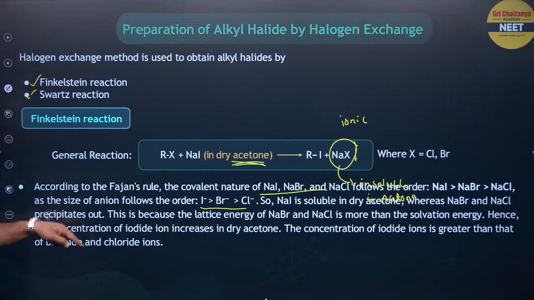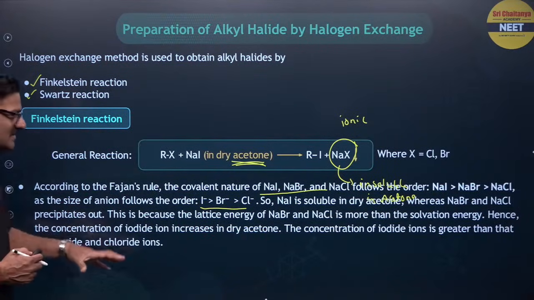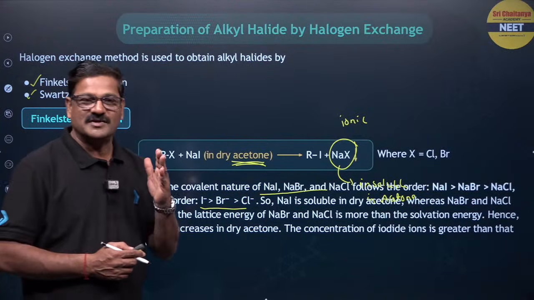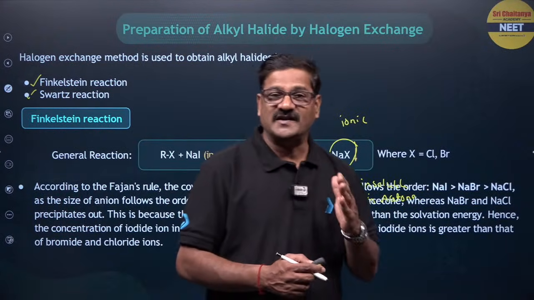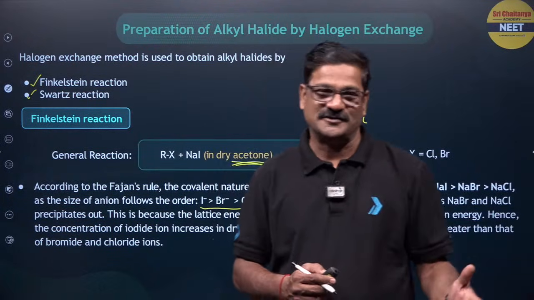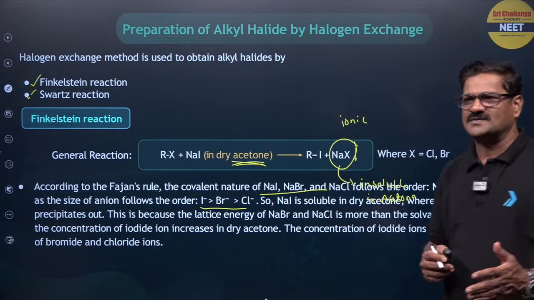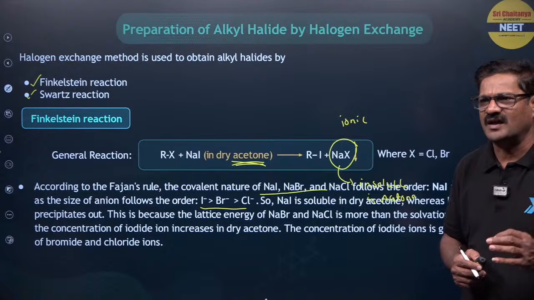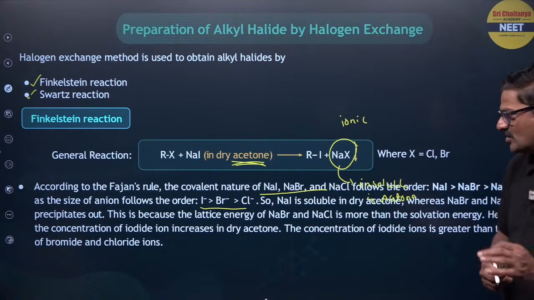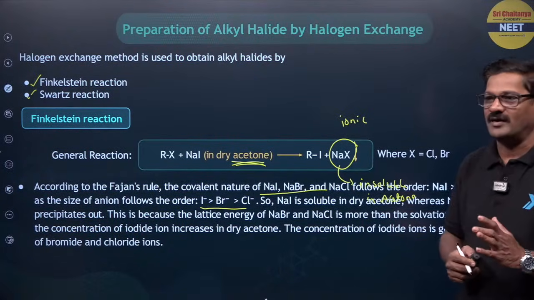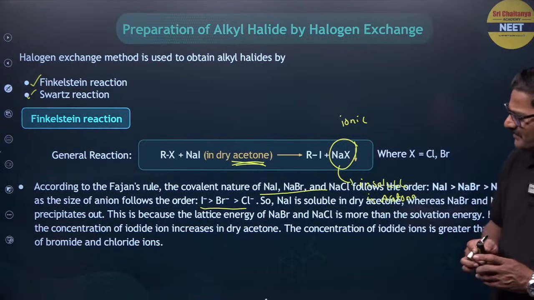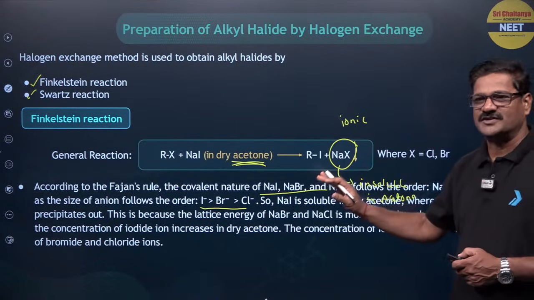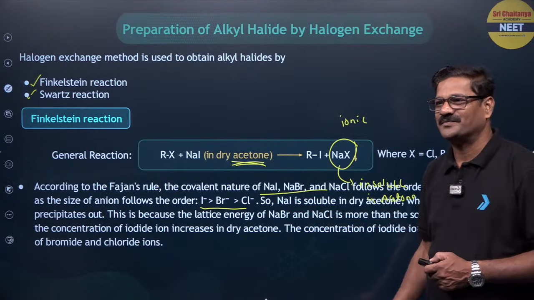A compound can be soluble if its hydration energy is greater than its lattice energy, right? So the concentration of iodide ions is greater than that of bromide or chloride ions. Everything is connected in the subject here itself, right?